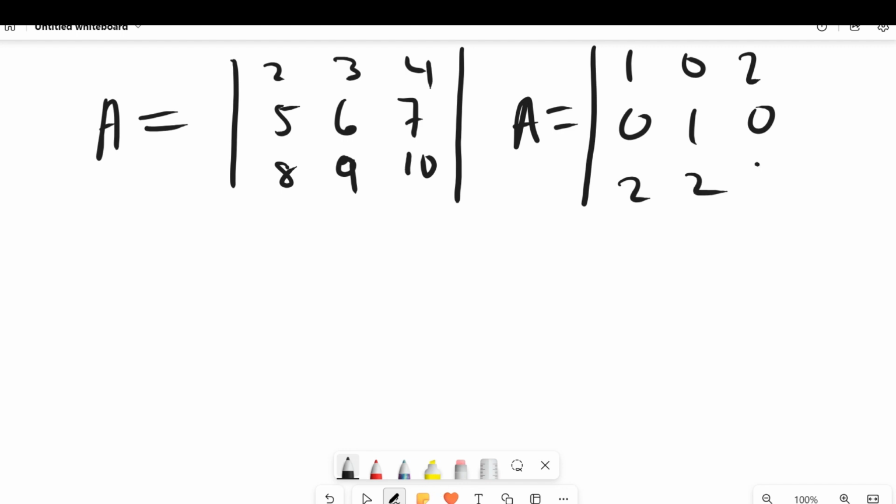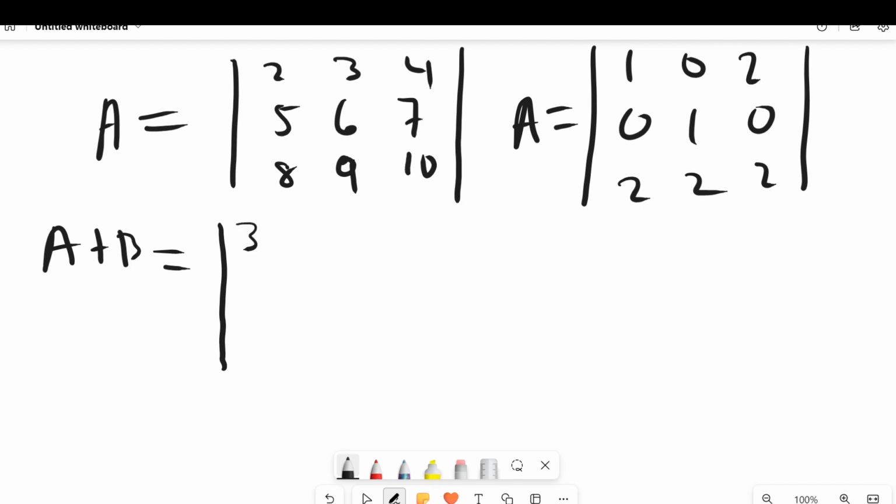So the sum of these two matrices, matrix A plus matrix B, is equal to, now we can add the elements of this matrix to the elements of this matrix. Like the first element of this matrix is 2 and the first element of this matrix is 1. So we are going to add these two elements, and it is going to give us 3.